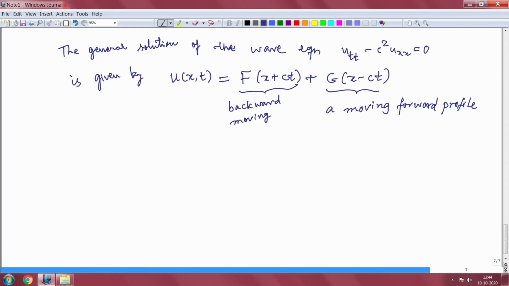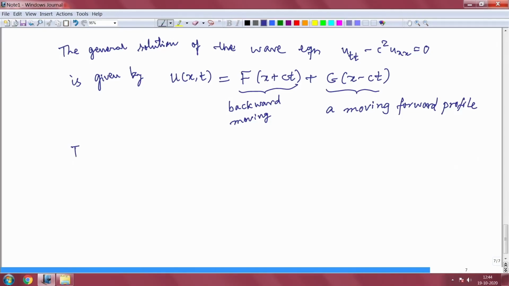So, in general the solution of the wave equation is a combination of forward moving profile and backward moving profile, and now we will determine f and g given two initial conditions.